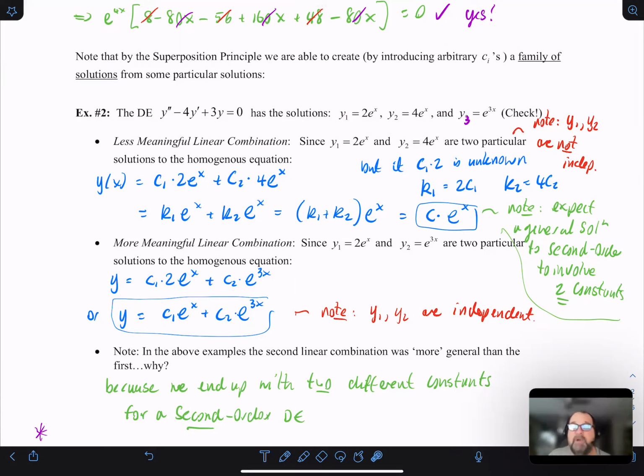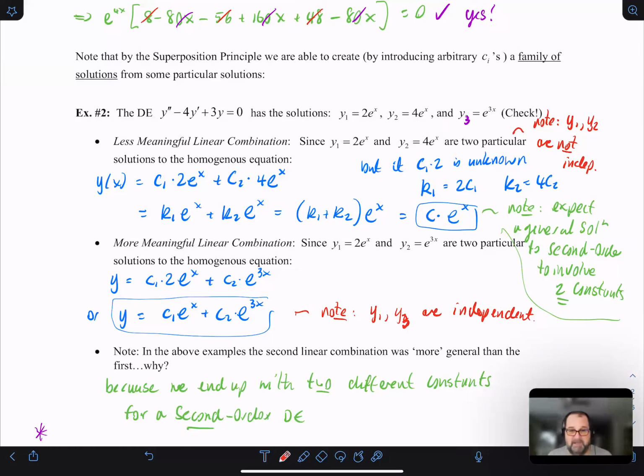So the terminology we use here is that e to the x and e to the 3x are independent. That's also a typo. My apologies, that should say y1 and y3 are independent, but y1 and y2 are not independent. They are dependent.